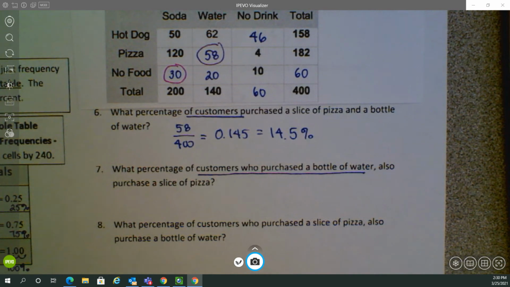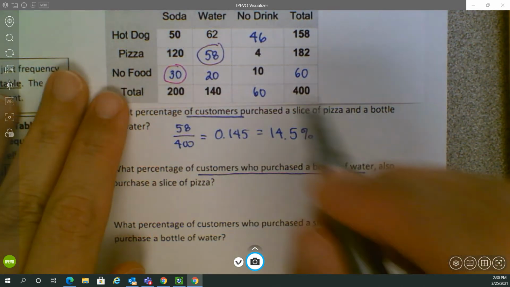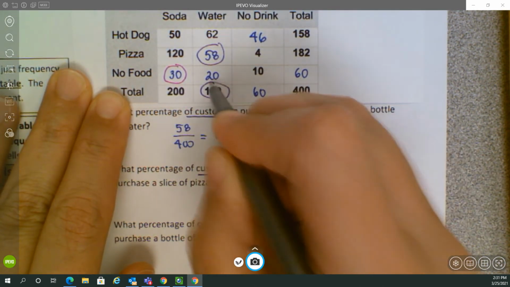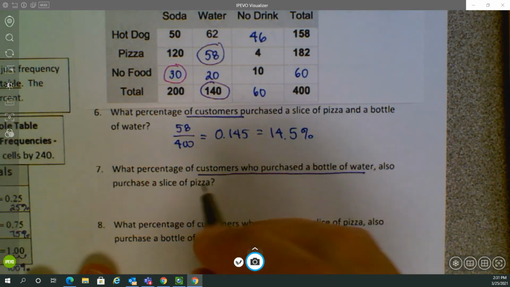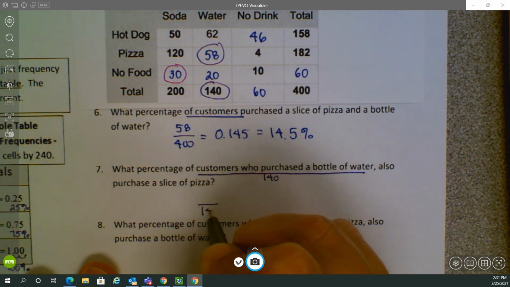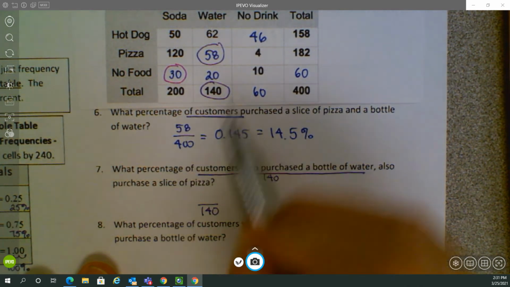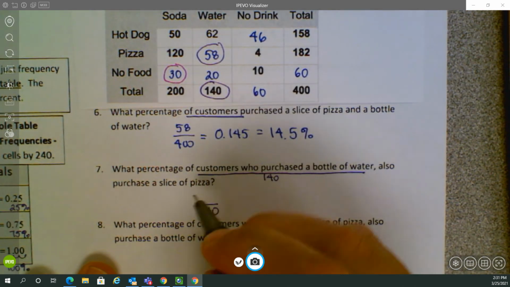So we're only looking for a percentage of those. That means our denominator has changed. How many customers purchased a bottle of water? That would be here at 140. So out of the 140 customers, how many purchased a slice of pizza? Well, that's this number, 58.